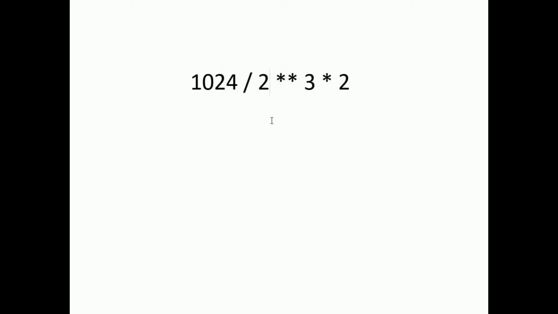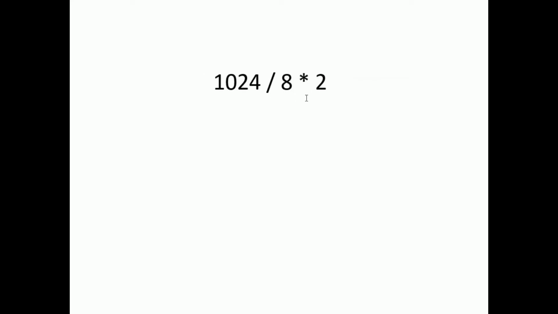That leaves us with 1024 divided by 2 raised to the third power times 2. The operator with the highest precedence now is the exponentiation. So we compute 2 cubed and get 8.